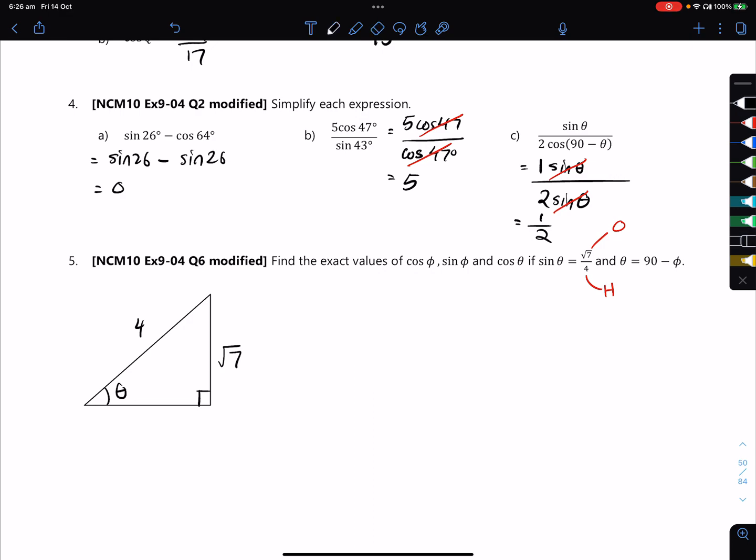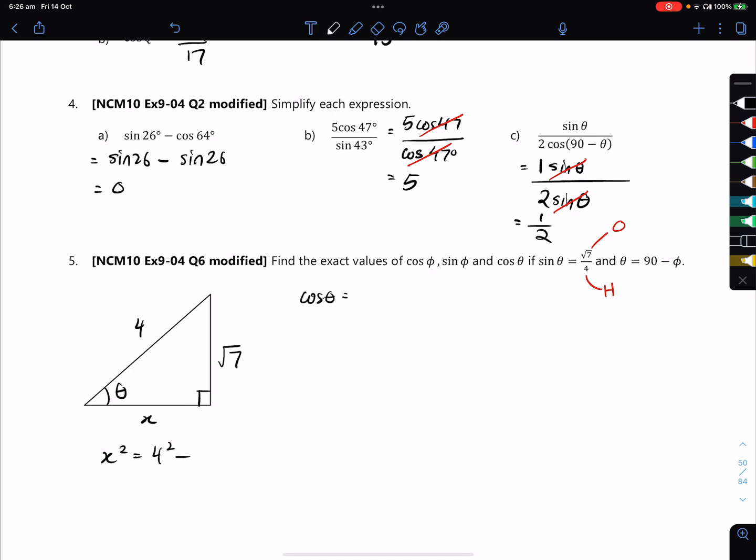Now what we're going to do is find anything here that applies to that. So we're not going to find cosine phi and sine phi because there's no phi there, but cosine of theta is something we can find. So we can write cosine of theta, but that's adjacent over hypotenuse, and we don't have the adjacent side here. So we'll call that x. We'll find that using Pythagoras theorem.